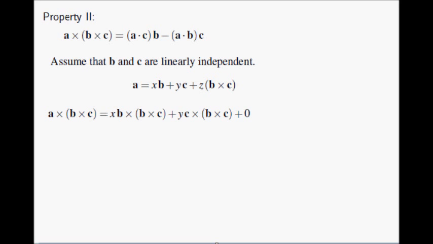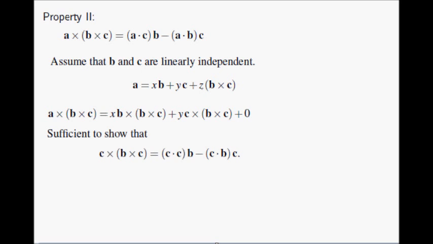Now let's apply the cross product to this version. So then as you apply this cross product of B cross C, the third term has the cross product of the same vector, and it becomes 0. And we reduce the problem to the property of two vectors B and C as follows.